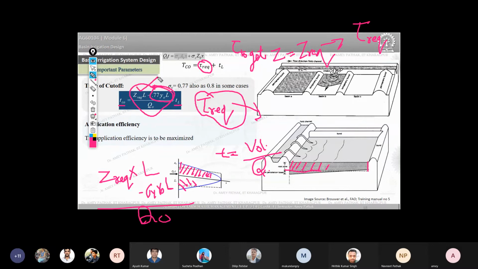We are just talking about the infiltration time. That is why we are considering this volume Z requirement into L, per unit width, into 1 divided by the quantity of input that we have supplied, Q naught. That will give you the tau requirement.